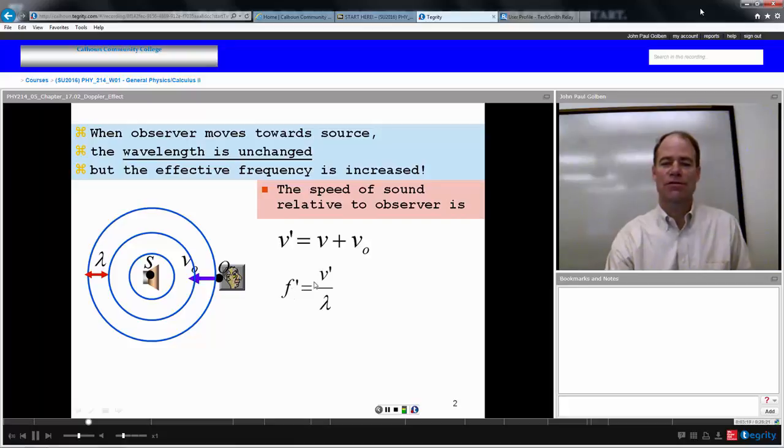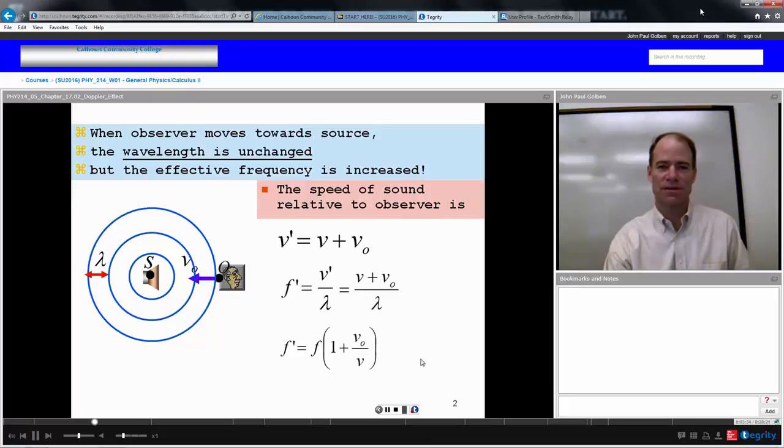So my observed frequency, f prime, is going to be my observed velocity of sound, v prime, divided by the true wavelength of the sound. That's going to be the velocity of sound plus my velocity divided by the wavelength of the sound. So we have that the observed frequency is going to equal the actual frequency of the source times 1 plus my velocity, the velocity of the observer, over the velocity of sound, this fraction.